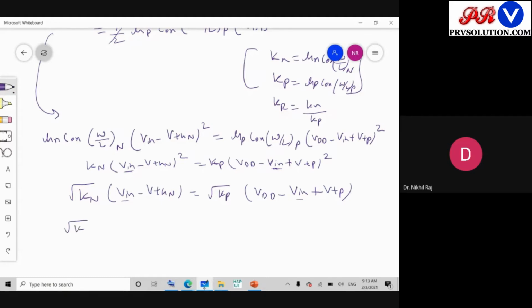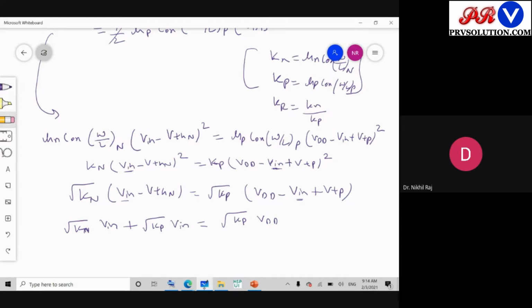Kn Vin, and this Vin, if I take it to the LHS side, I will get with a plus symbol square root of Kp Vin, that will be equal to square root of Kp VDD.